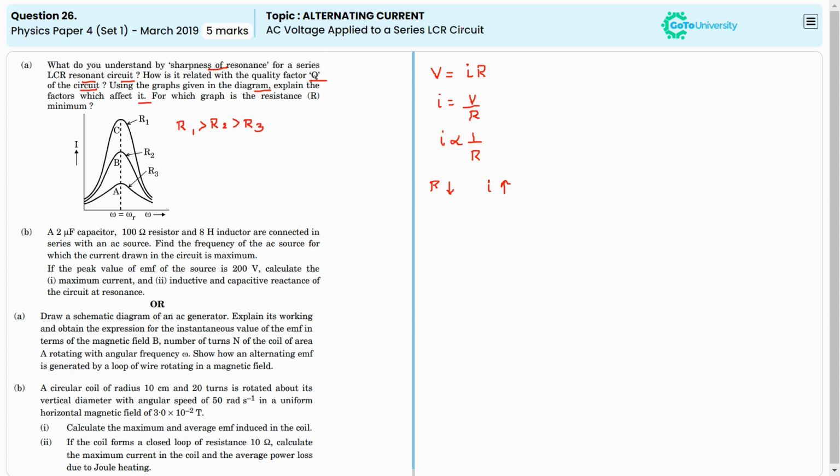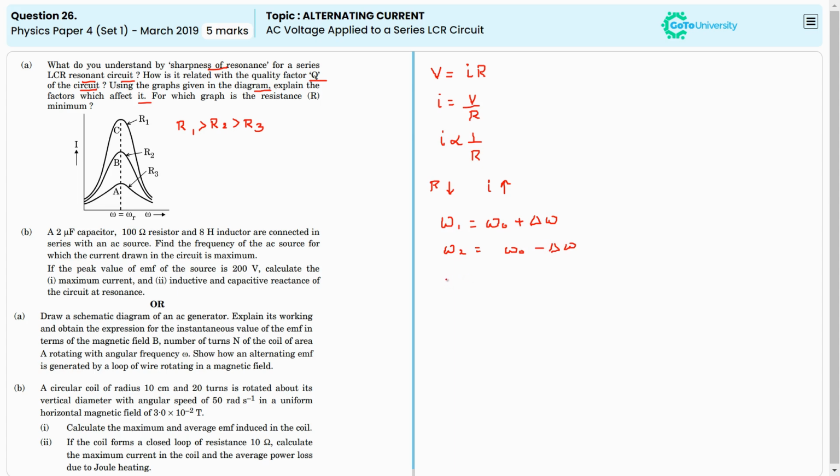Then we have omega 1 is equal to omega naught plus delta omega, in the upper segment, and omega 2 is equal to omega naught minus delta omega, in the lower segment.